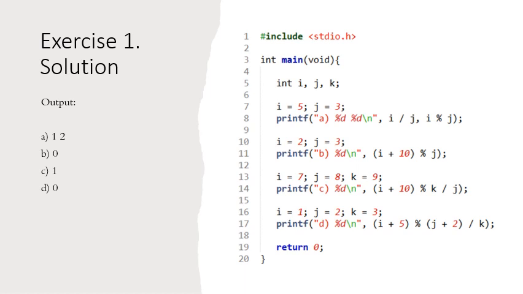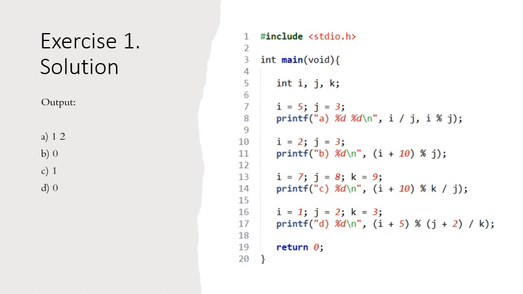Okay, so assuming that your I is equal to 5 and your J is equal to 3, we are on line 7. We print the value of I divided by j and I percent j, or the remainder of I and j.